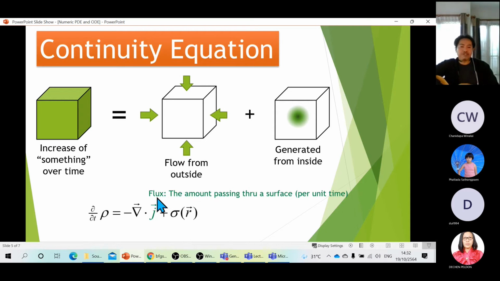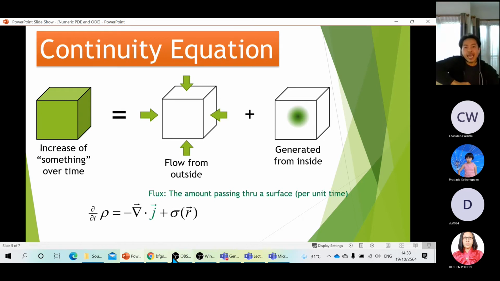That's what we call a flux. A flux, what does the flux mean? A flux means the amount of things going through the surface. If you have a huge flux, things go very fast; a small flux, slowly going. That's flux: the amount of something going through a surface, anything.